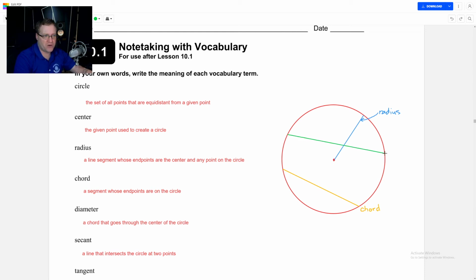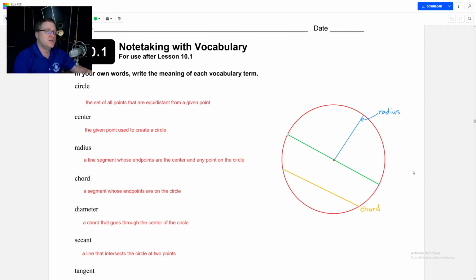Here's a chord, but it says here the diameter is a chord that goes through the center. So I start here and I go through the center, and then I go to the other side of the circle and stop.